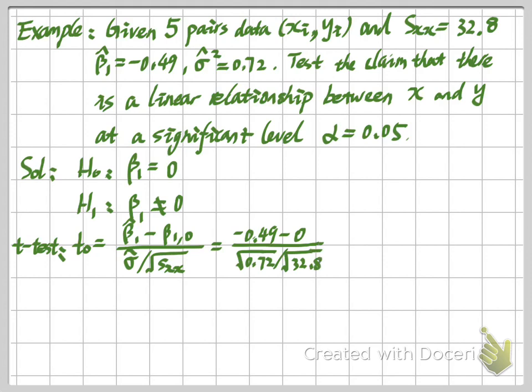So this is how we construct our t-test statistic. The next thing is to use a calculator to compute this value, and you will find the answer is negative 3.31. So this is the value of our t-test statistic, t0.